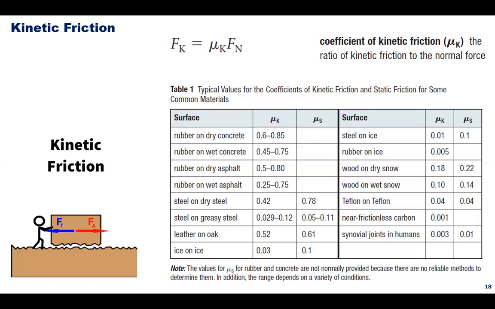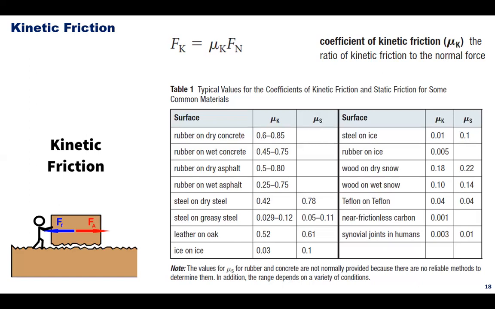For a hockey puck on ice, mu k is relatively small, so the frictional force is similarly small. The value of mu k depends on the smoothness of both the ice and the hockey puck, and might typically be 0.005.